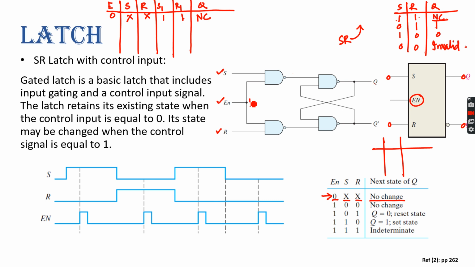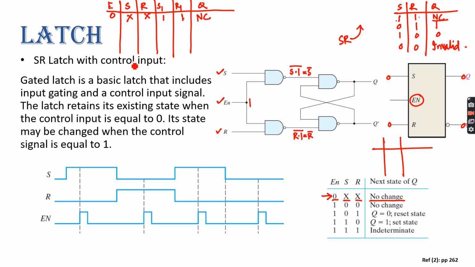So output of this NAND gate should be S multiplied by 1, bar, right? Yes, sir. And this output should be R multiplied by 1, bar. So we can write it as S bar and R bar, right? Yes, sir.